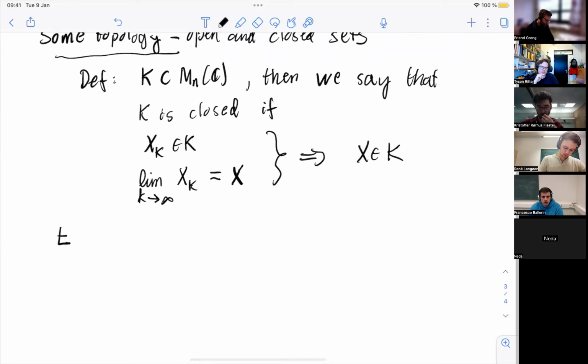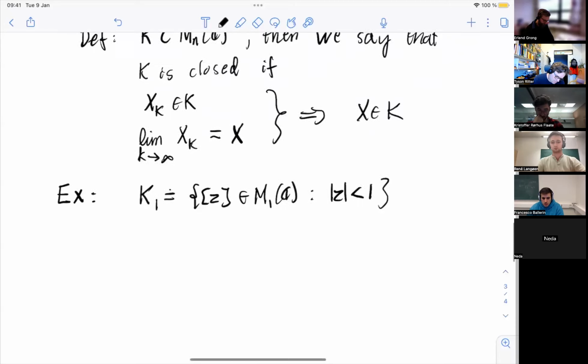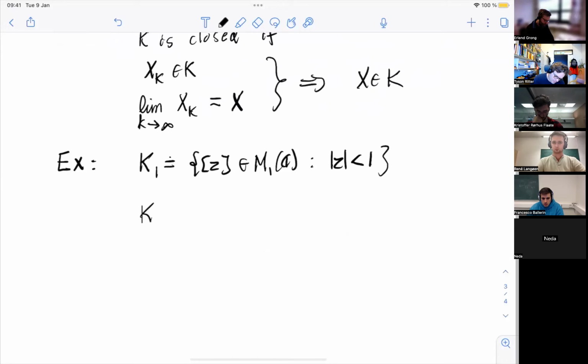So, for example, just to have something we can draw, we can consider K1 as the one-dimensional complex matrix, and K2 as a collection of one-dimensional complex.